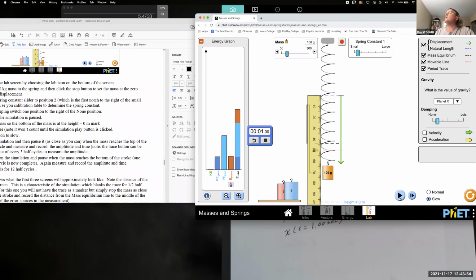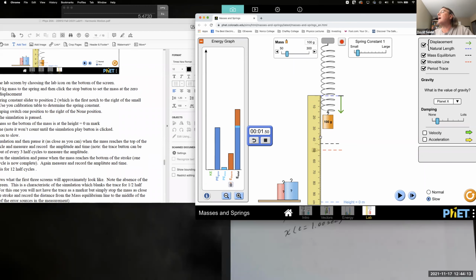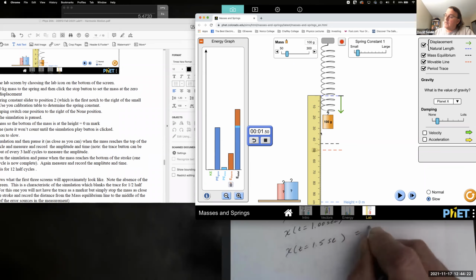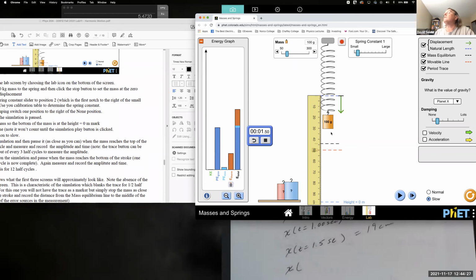Now I'm going to go some more. Again, watch your kinetic energy curve. Up, coming back down. Now you might guess it's going to be at about 1.5 seconds. And the bottom is now 10, looks like about 19, or 9 centimeters.